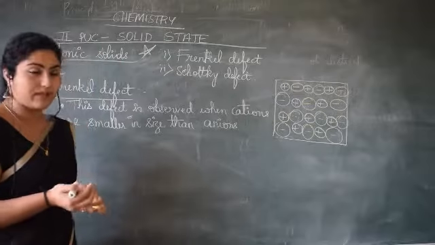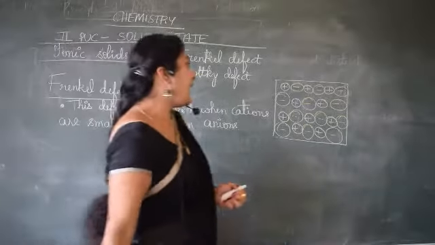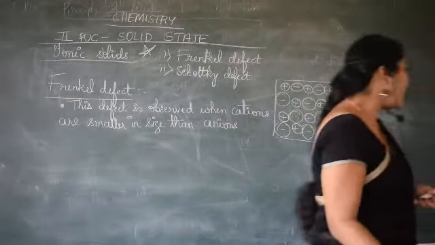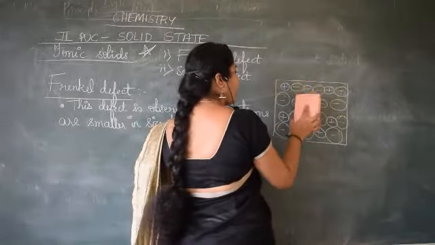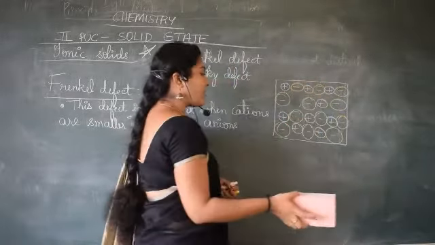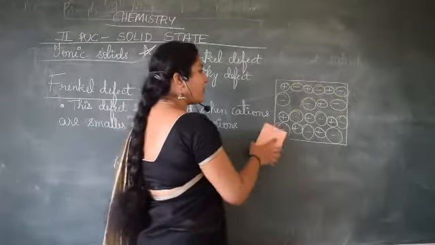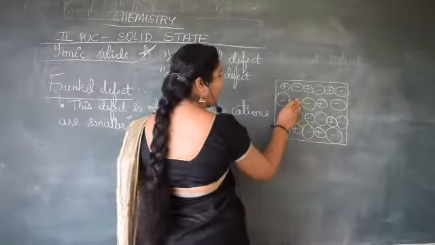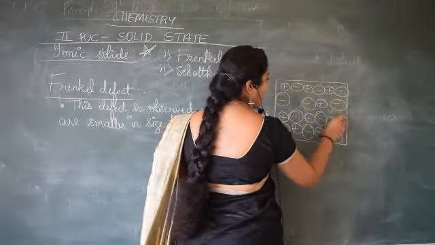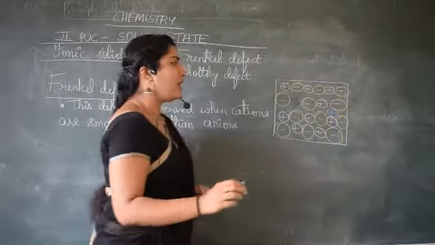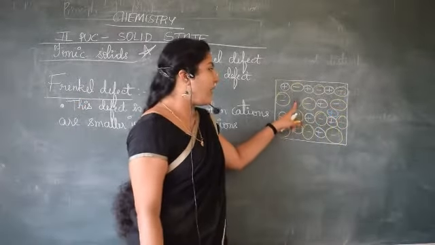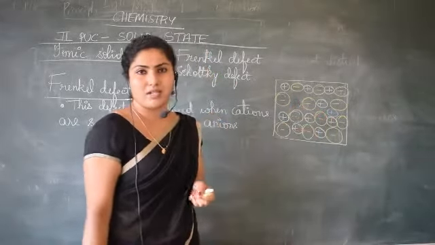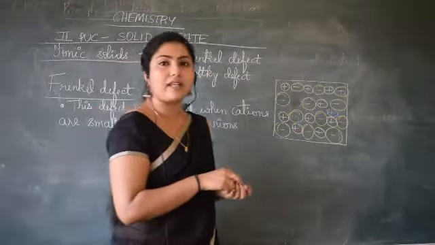Now what happens in Frenkel defect? A smaller ion, the positively charged ion, gets dislocated from the normal site and occupies the interstitial site. I am showing the ion as a blue colored ion here, which means the ion from the normal site gets dislocated to the interstitial site. This is Frenkel defect.